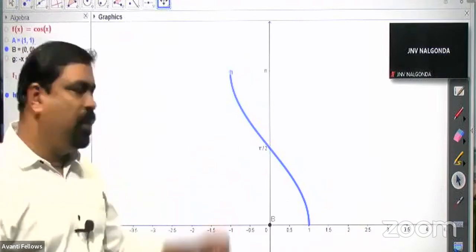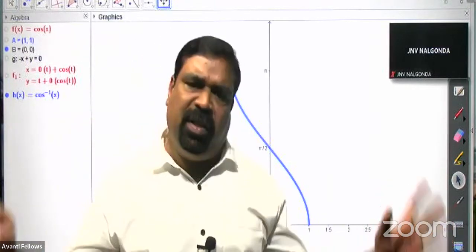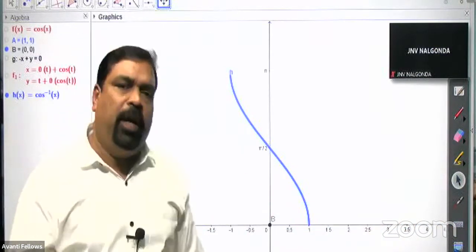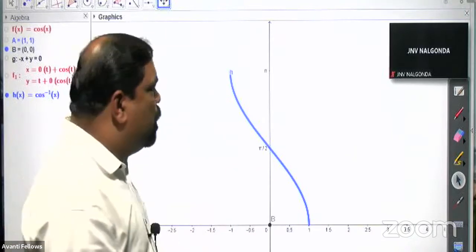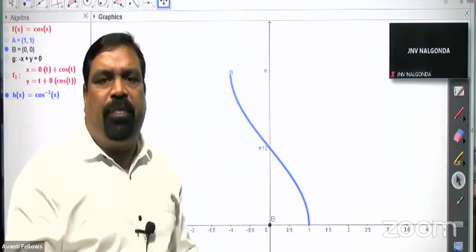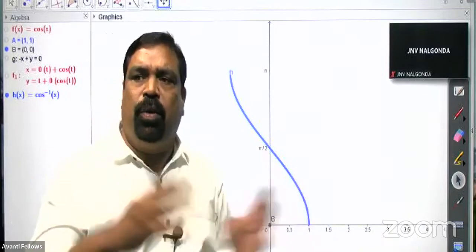So this is the graph of the cos inverse function. Everything is the same, the procedure is the same. We know cos x is also not a 1-1 function. Cos x is not a 1-1 function. So what we do? We restrict the domain to a certain interval to make it 1-1 and onto.